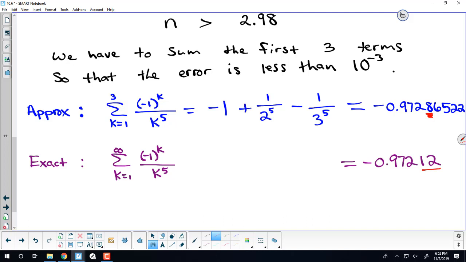Anyone have any questions about that? With series and only these types of series, it seems kind of surface level to just say, all right, what's the error? It's only when we start approximating functions with these types of series that this is a little bit more applicable and useful.